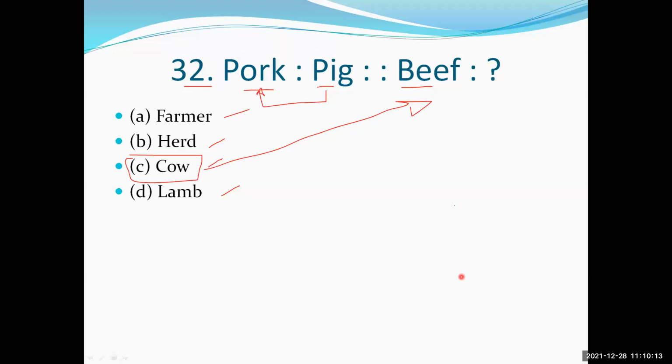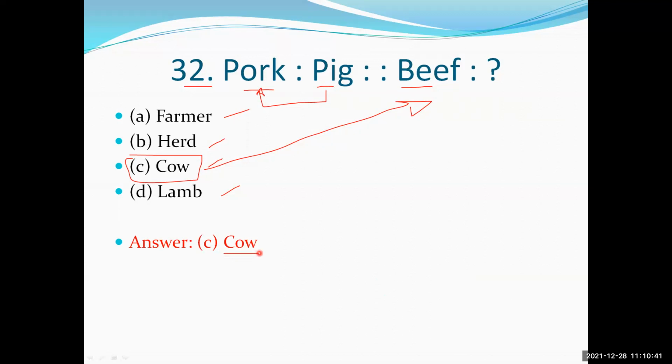So Sanyush is explaining with the answer and an explanation also: pork is pig meat, beef is cow meat. That's right, Sanyush. Everyone, Ankita, Pranali, Sakshi, Mayuri, everyone right, Pragati. Yes, Sakshi, that's right. Then let's go to the next question, number 33.